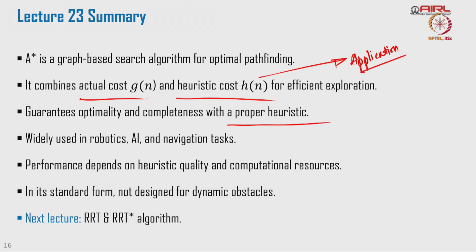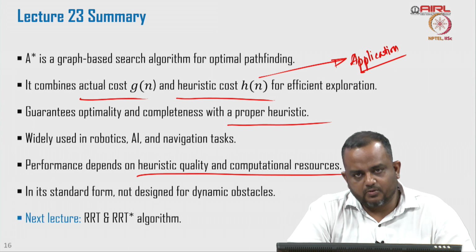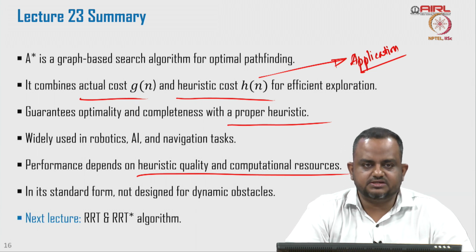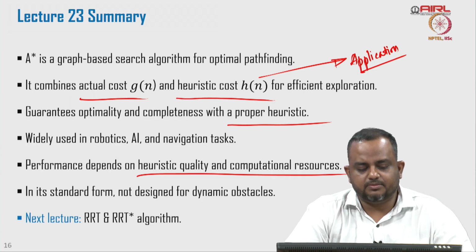Its performance depends on the heuristic quality and computational resources. Though it gives better results than the Dijkstra algorithm, the computational requirement may become higher in very high dimensional or large spaces.